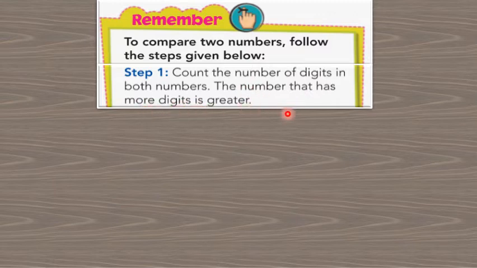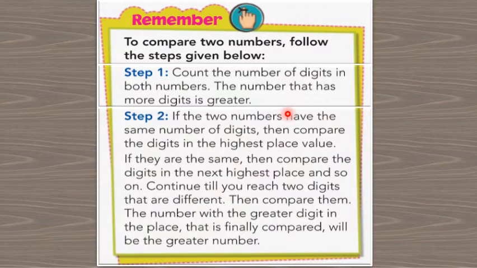than the other number. Step number 2 is, if the two numbers have the same number of digits, then compare the digits in the highest place value. If they are the same, then compare the digits in the next highest place and so on. Continue till you reach two digits that are different.